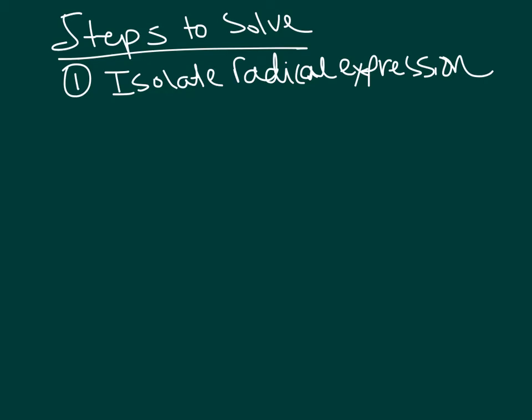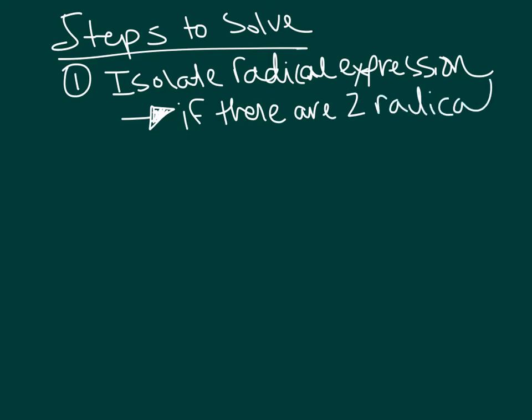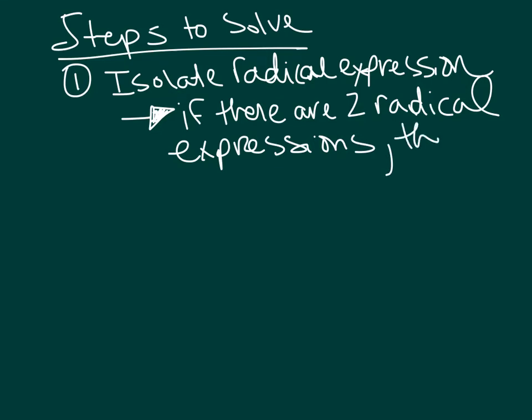The steps for solving radical equations: the first thing you want to do is isolate the radical expression. Rarely you're going to see two radical expressions, but if there are two, you actually want to get them on opposite sides of the equal sign.